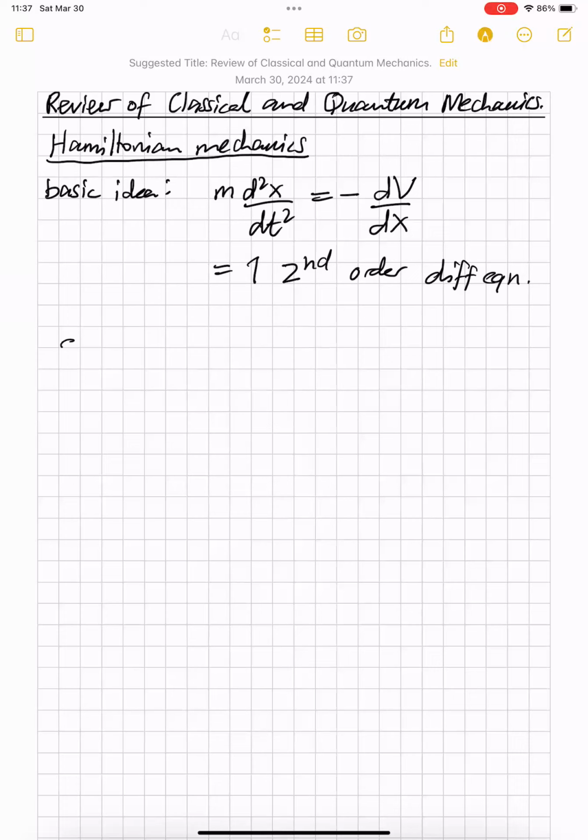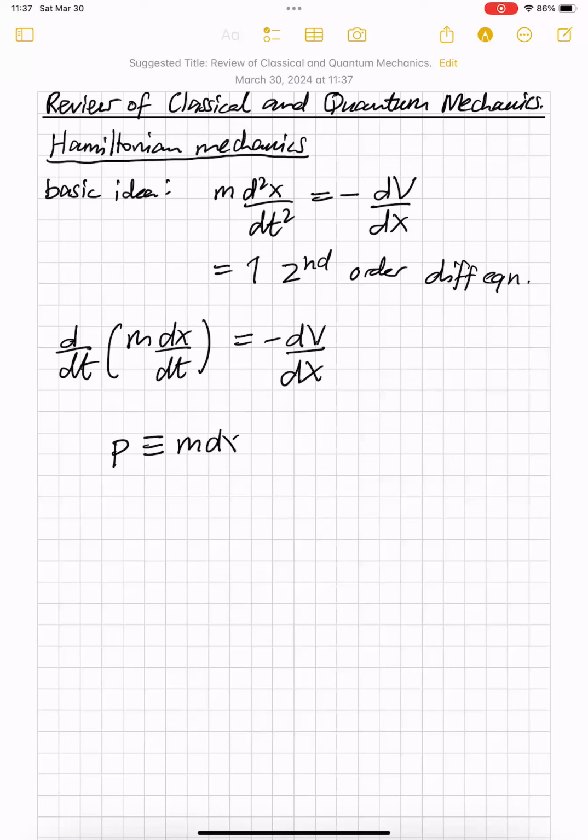Because the mass is a constant, I can rewrite this as d/dt of m dx/dt is equal to minus dV/dx. And now I will define p to be m dx/dt, okay?